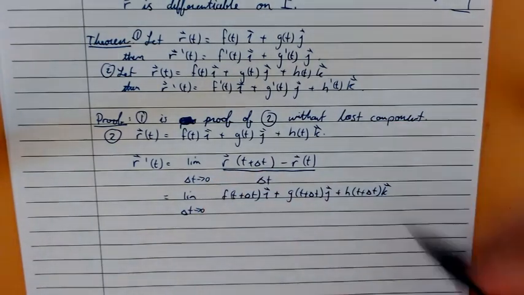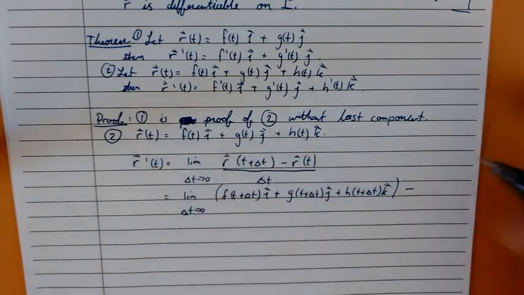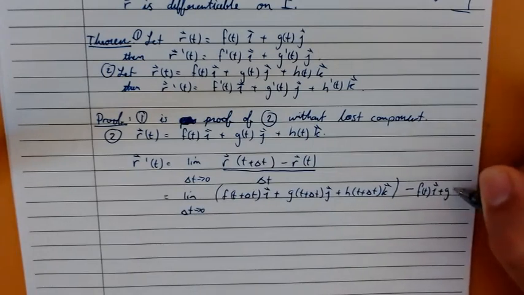That's the first part. Minus, I'll put big parentheses around that, minus R of t, which is the original function, f of t i plus g of t j plus h of t k.